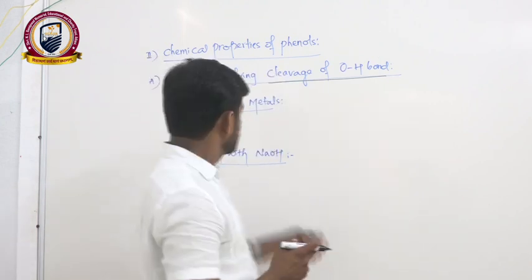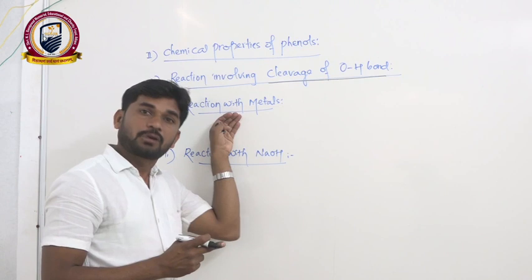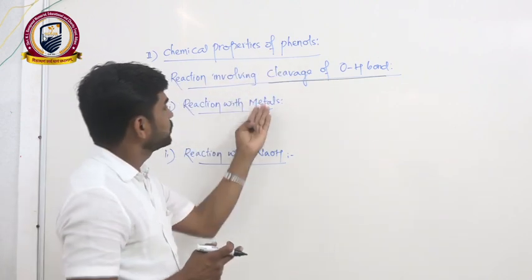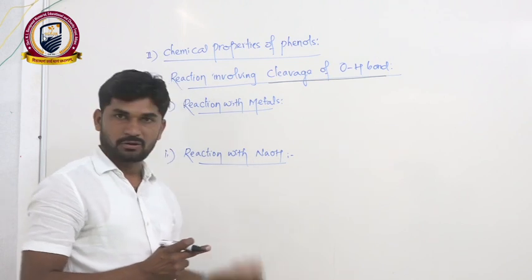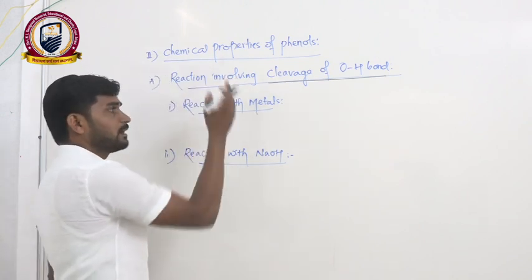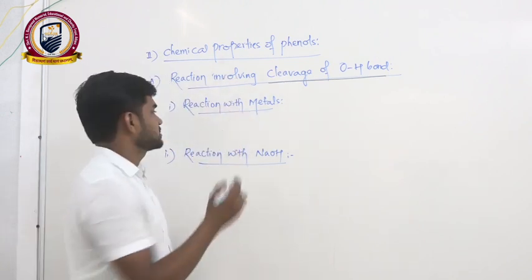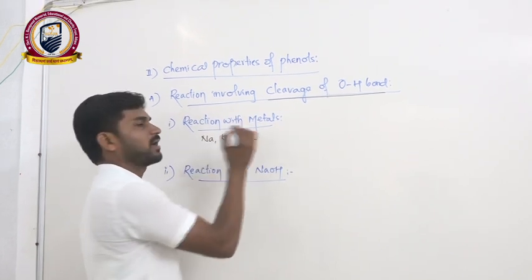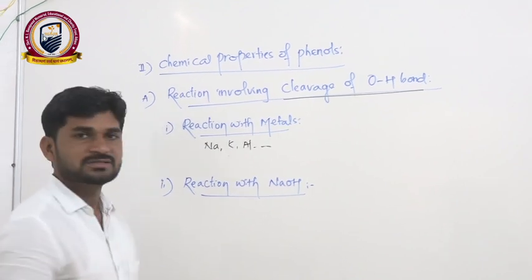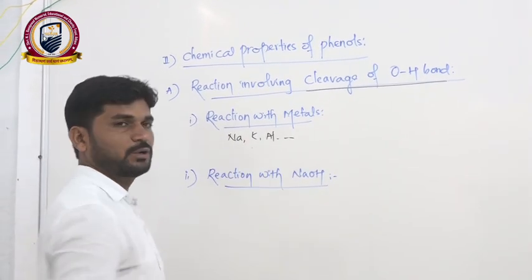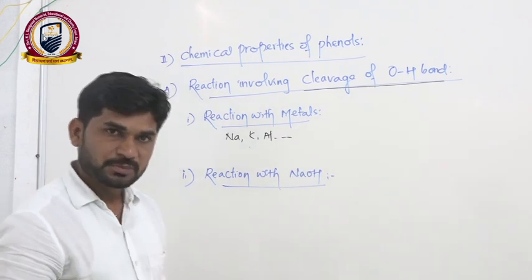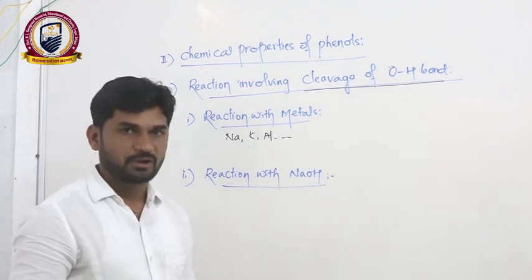These are the reactions which show the acidic nature of phenols, that is, the acidic nature of phenols shown by the reaction of phenols with metals and sodium hydroxide. Phenol reacts with certain active metals such as sodium, potassium and aluminium. Liberation of hydrogen gas takes place with the formation of sodium phenoxide.